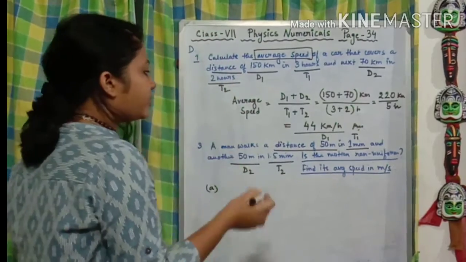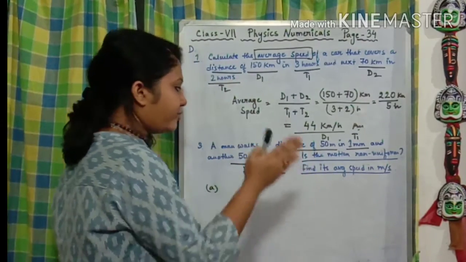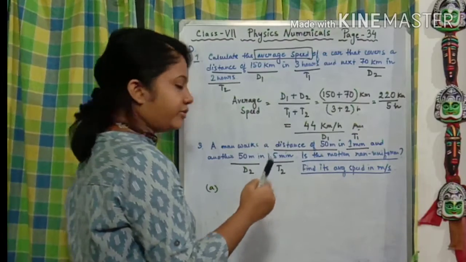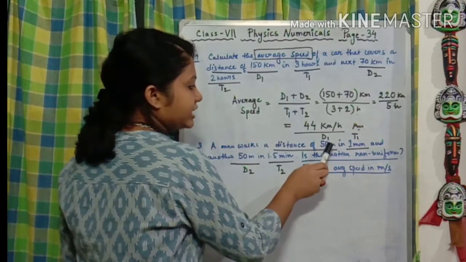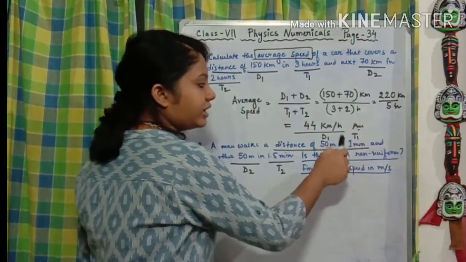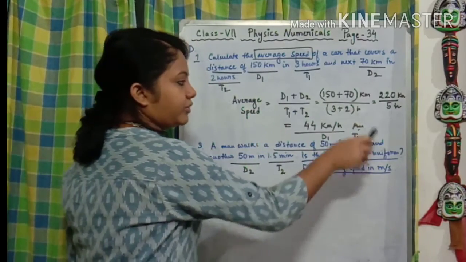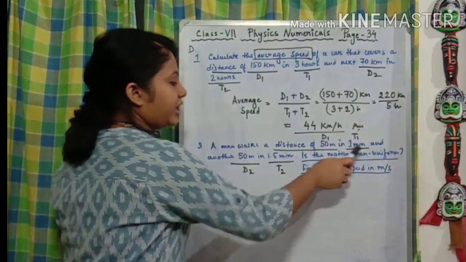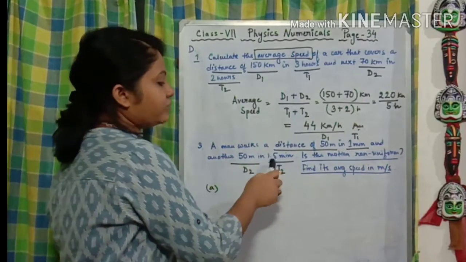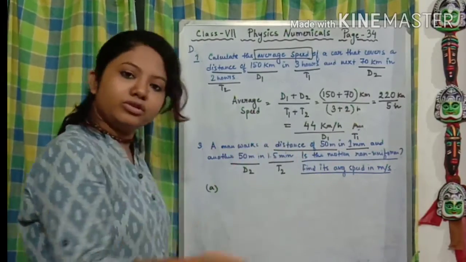In this case, the distance remains the same for both time intervals, that is 50 meter and 50 meter in both cases. While the time is not uniform here. For the first lot, the time is 1 minute, and for the second, 1.5 minute. So the time varies, and we can say this is a non-uniform motion.